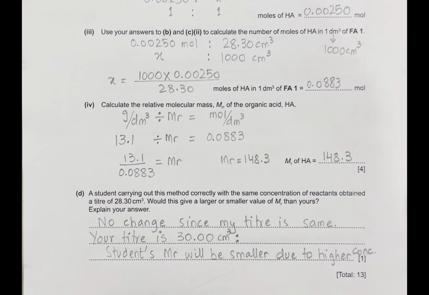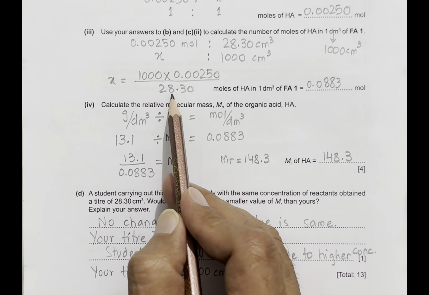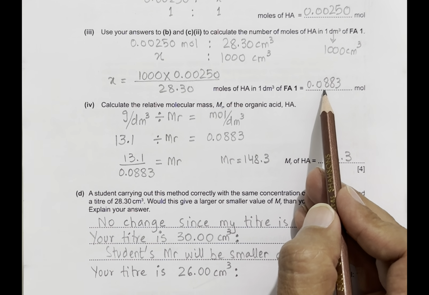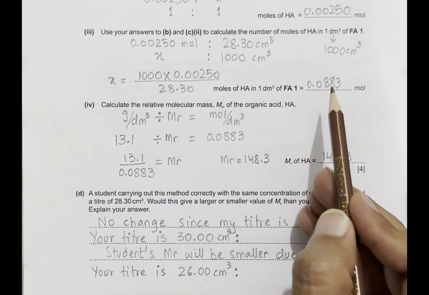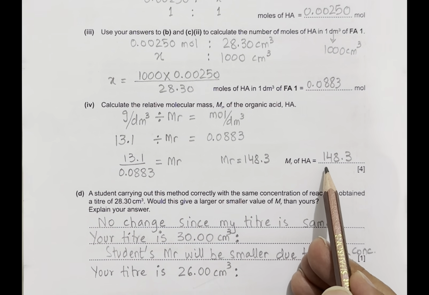and vice versa. If your titer is a smaller value, let's say 26.00, then what could you say? If your value is smaller, he must have got a bigger value here, it means a smaller concentration will be calculated for him, and for him a smaller concentration means a bigger MR will be calculated.